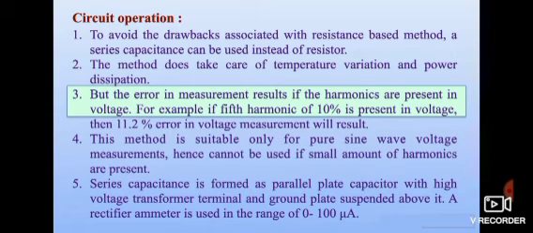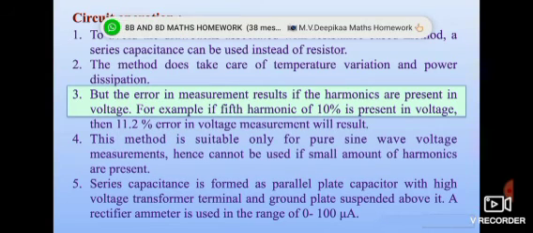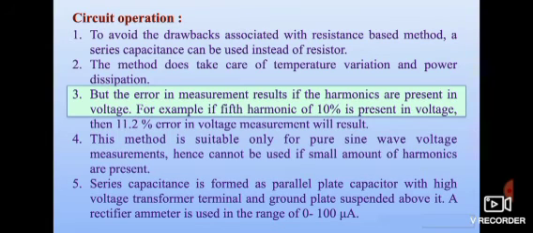This method is suitable only for pure sine wave voltage measurements, hence cannot be used if a small amount of harmonics are present. Series capacitance is formed as a parallel plate capacitor with the high voltage transformer terminal and a ground plate suspended above it. A rectifier ammeter is used in the range of 0 to 100 microampere.